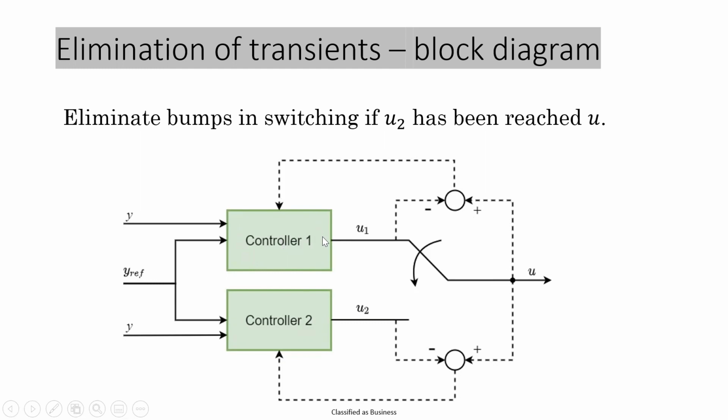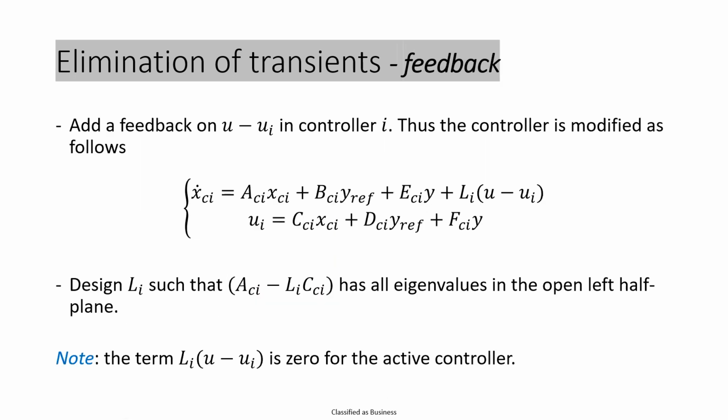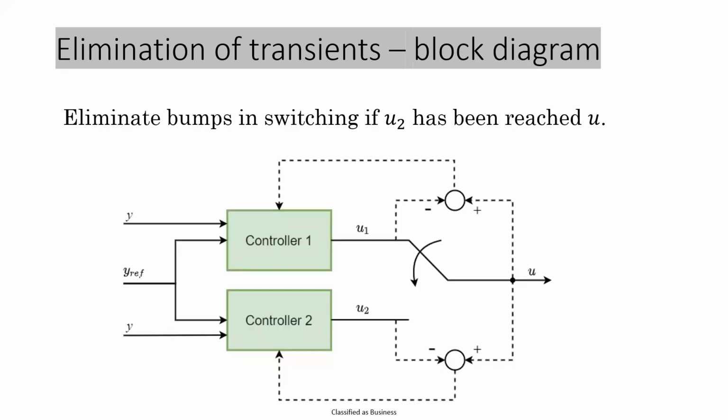If I go to the next slide, the controller used to be only this part. We have added this term to the controller. So for each controller, we have added one extra term, and this extra term is Li multiplied by U minus Ui.